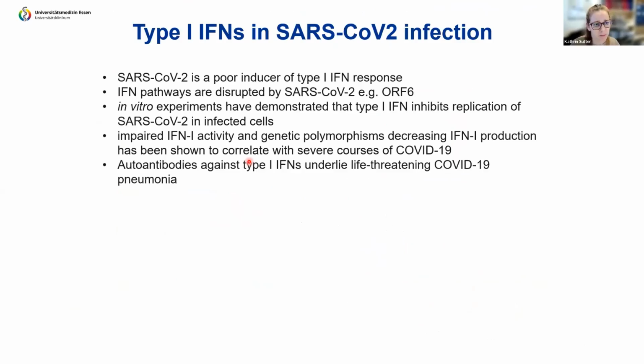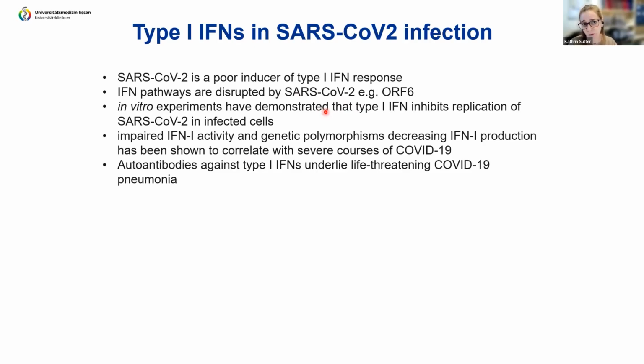Now maybe I will skip that a little bit and go, very shortly, to SARS-CoV-2, because this is maybe also important for you. What we know about SARS-CoV-2, and I will shorten this a little, is that the virus itself is a poor inducer of type 1 interferon.